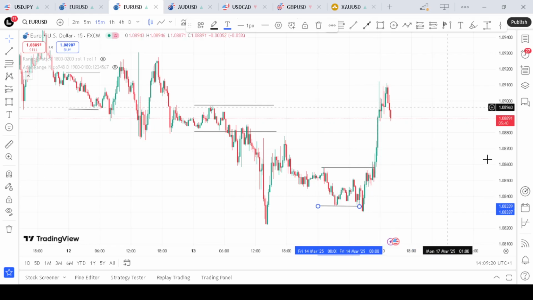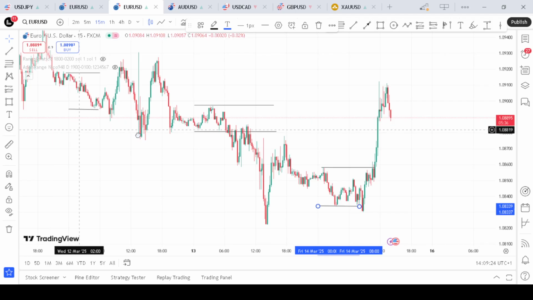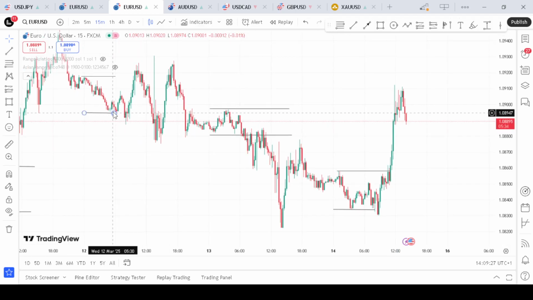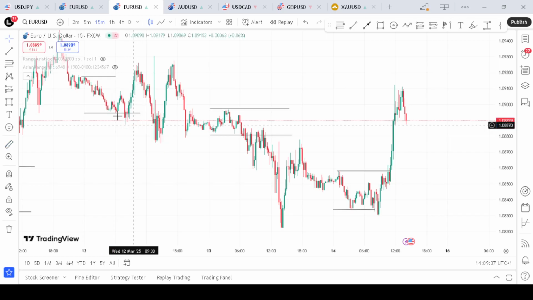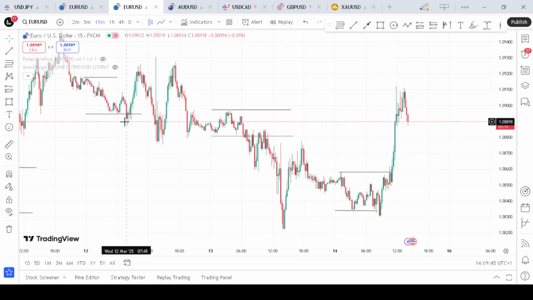This is an example of what I'm talking about. This is a particular Asian range that ended by this time. If we extend our line, we can see that by around 7 or 8 o'clock, some traders would have decided to take a breakout to the downside around this area, setting their sell limit or sell stop after the breakout.